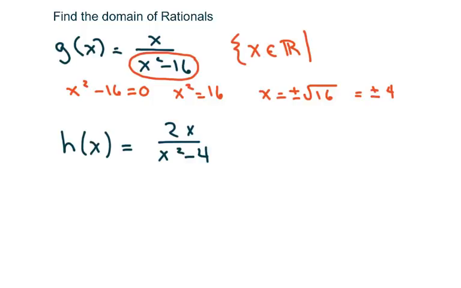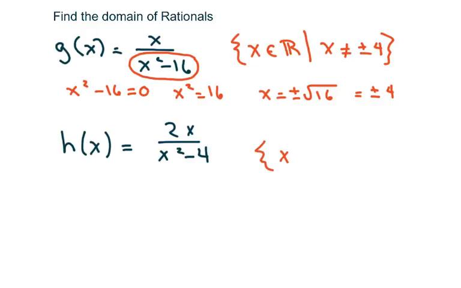So basically it's all real numbers, but such that x cannot be plus or minus 4. So if you plug in 4 or negative 4 in the denominator, you will get 0, and you know you can't divide by 0.